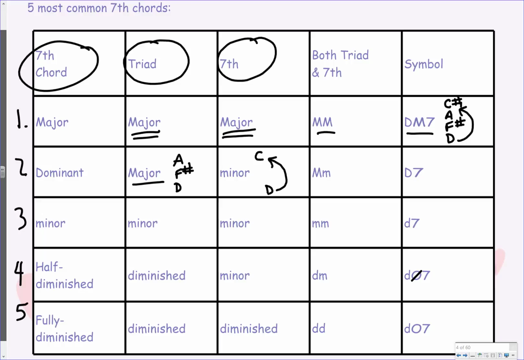It would just be a C natural. So in the next column, both the triad and the 7th, it would be a capital M for the major triad, and then a lowercase m indicating the interval of the 7th as minor.